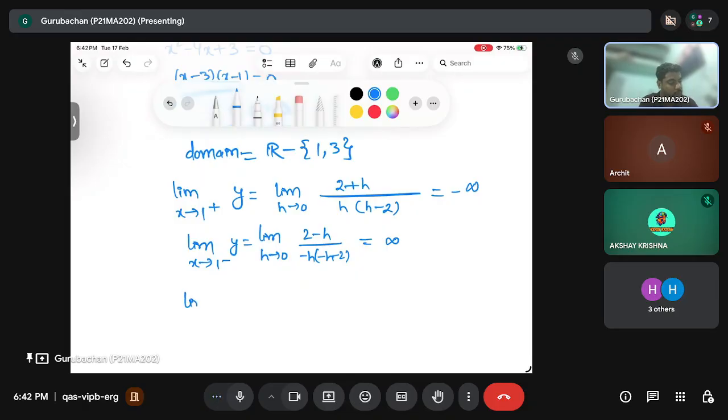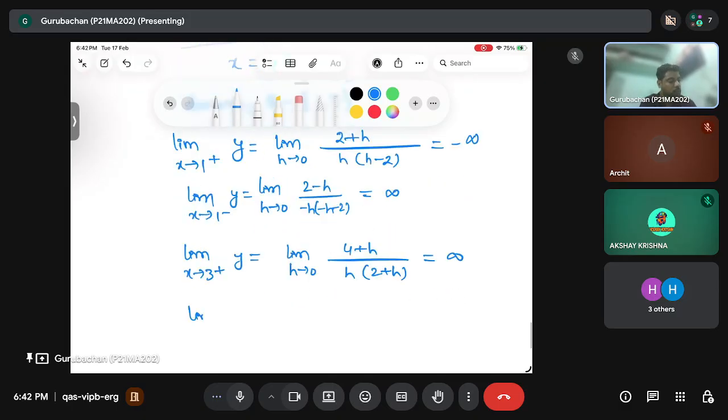Now what about 3? Plus infinite. Limit h tends to 0, (4 plus h) into (2 plus h). Next, 3 minus is limit h tends to 0, so from here it will be 4 minus h.